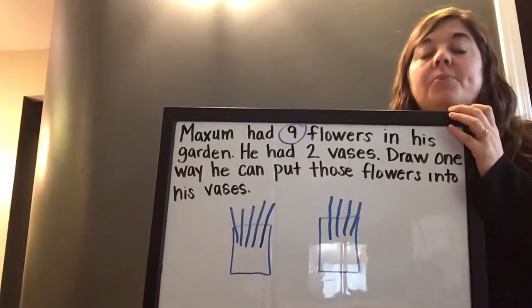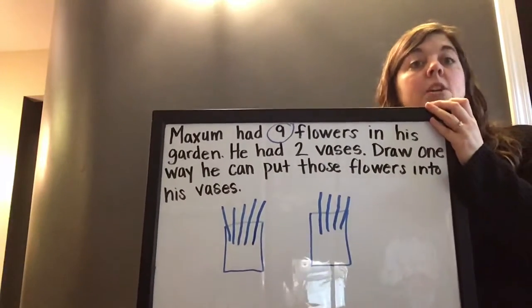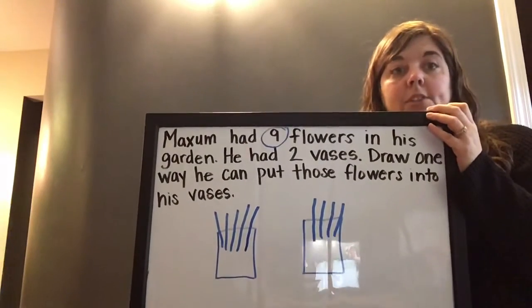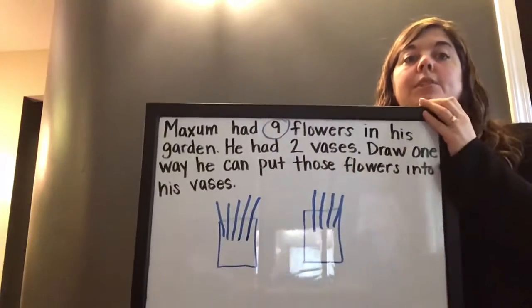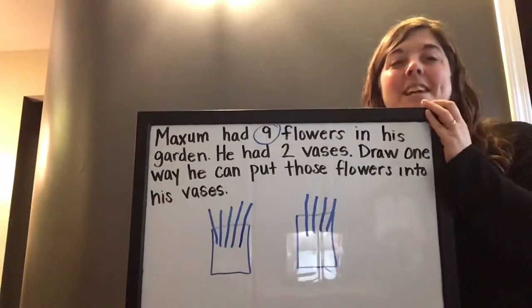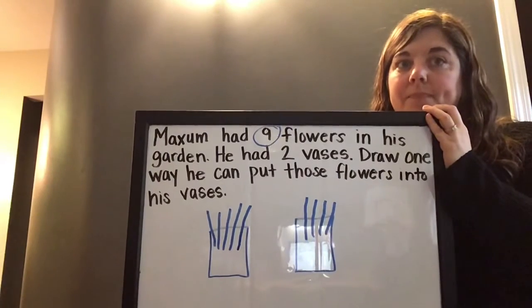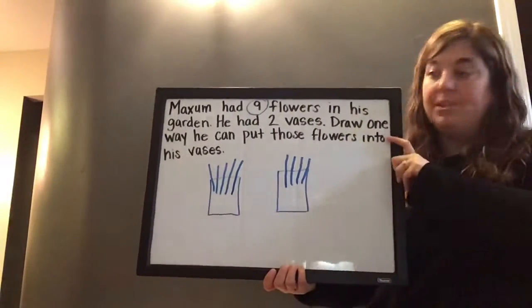Okay, so now that you have your flowers in your vases, if you're not sure, you can pause and ask a grown-up or a brother or sister in the house to make sure that you have 9 flowers all together between the 2 vases. Okay, now I want you to make a number bond to go with your vase.